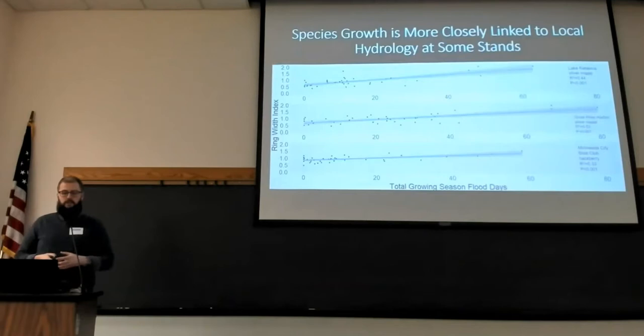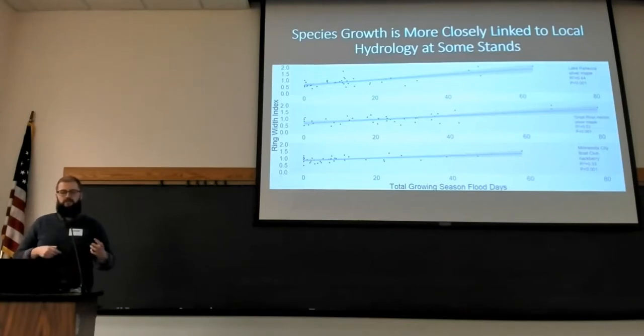Next, we looked at increment growth of these species and how that related to different climate factors and inundation. On the y-axis is a standardized ring width index, which I don't have the time to explain thoroughly, and on the bottom is the total growing season flood days for that corresponding year.